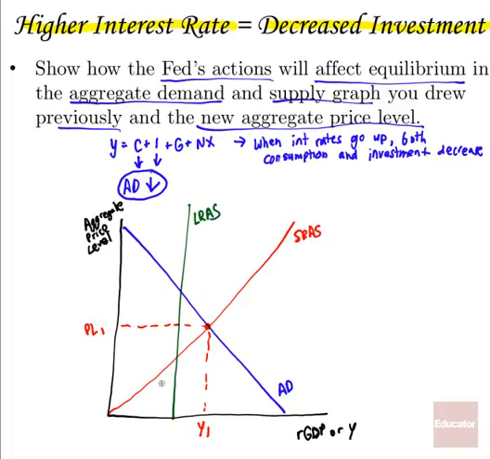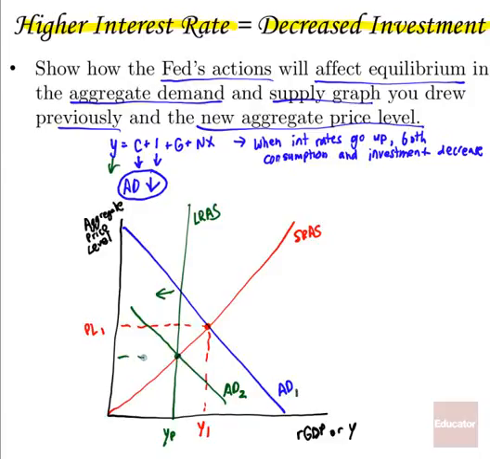This is the YP, Y potential. So when the Fed uses contractionary monetary policy, when it sells bonds, the aggregate demand is going to decrease, because when C and I go down, Y goes down, which is aggregate demand here. And so AD will shift to the left and it will go back to this equilibrium, or as close to there as possible. So it will be in long run equilibrium.